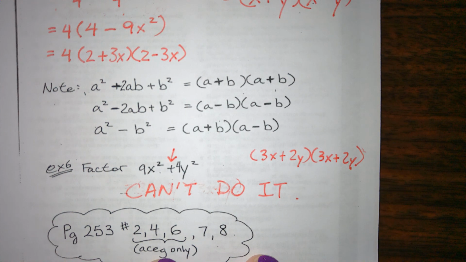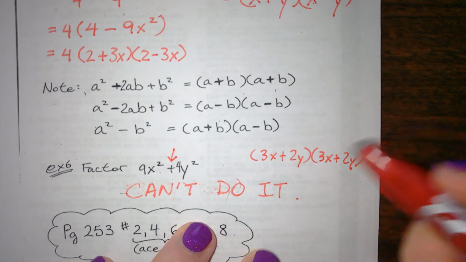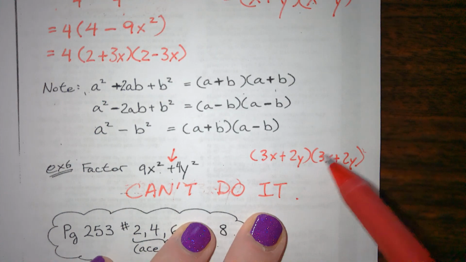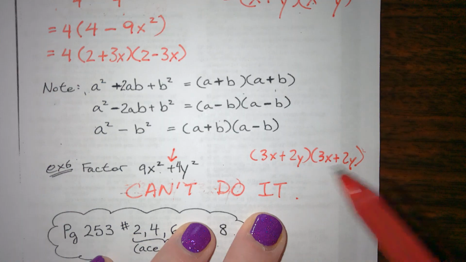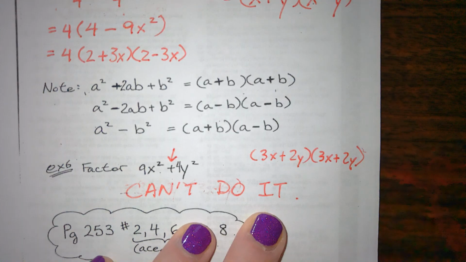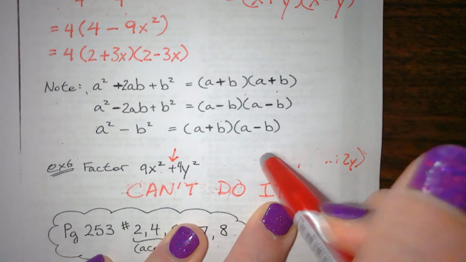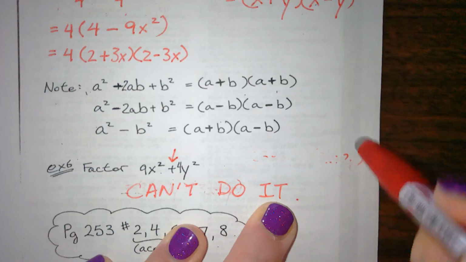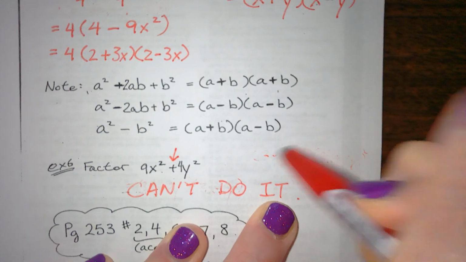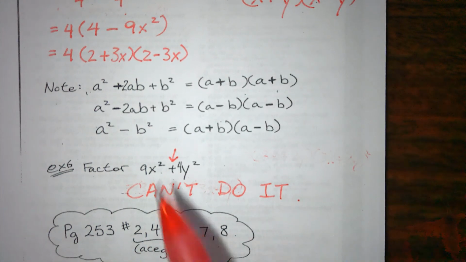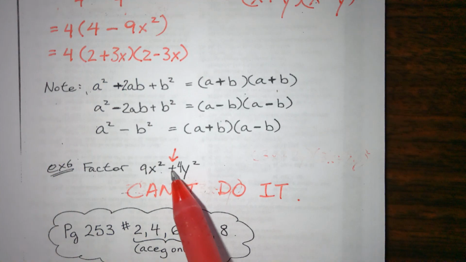Does that make sense or no? No, but if you don't trust me, you can do FOIL. Do FOIL, and then you'll see that none of the combinations will get you to this. I do trust you. Okay, but if you try it out, you'll see why it doesn't work.